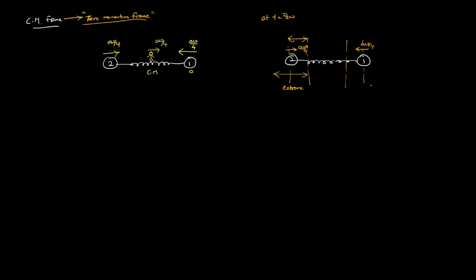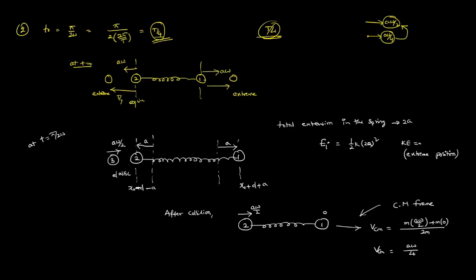Actually this distance is a, don't forget, this is the equilibrium. The particles came to rest at a distance a, amplitude a, but now this is not the position with 0 velocity. Previously this was the position of 0 velocity. Here velocity is 0, that's why it's an extreme position.